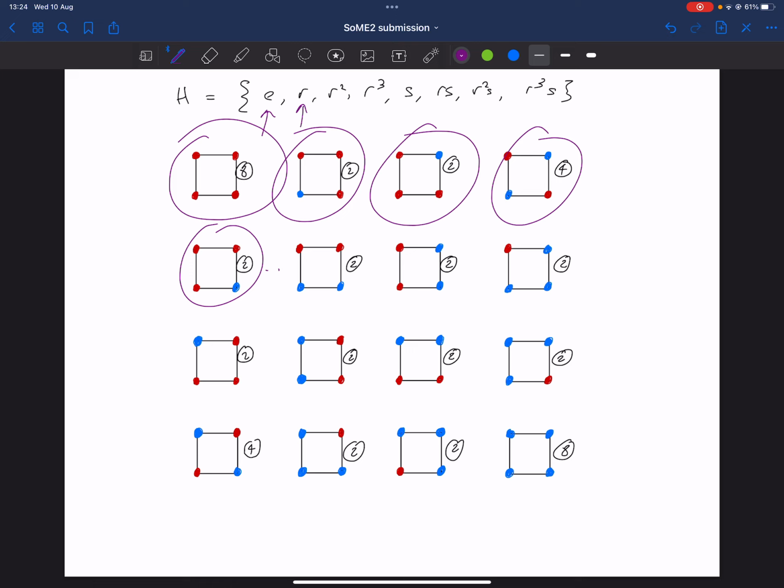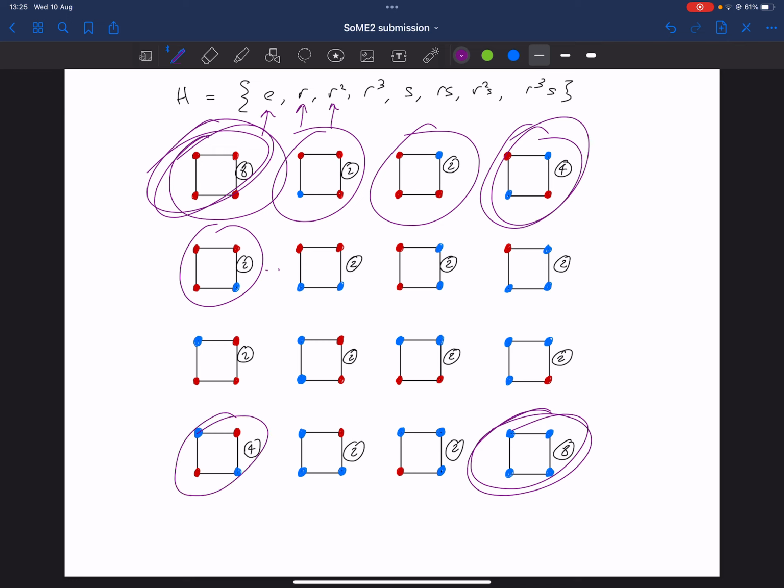We move on to R. A rotation by a quarter turn anti-clockwise is going to fix this element and that element and nothing else. And then if we move on to R squared, which is a half turn rotation, that is going to fix, again, top left and bottom right, but also this top right and bottom left, and so on.